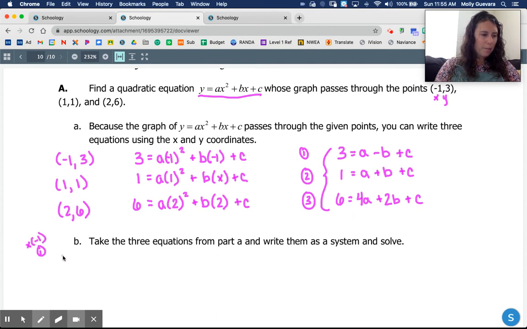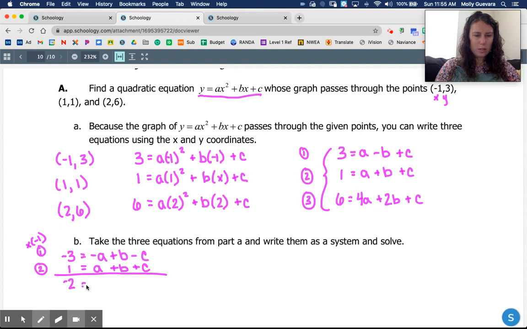So that gets me -3 equals -A plus B minus C. And then I'm going to take equation 2, which is 1 equals A plus B plus C. And let's add. -3 plus 1 is -2. Well, my A's cancel. That's nice. I get 2B. And then my C's also cancel. So I get -1 equals B. That's awesome. We like it when we can solve for a variable easily like that. So I already have that B is -1.